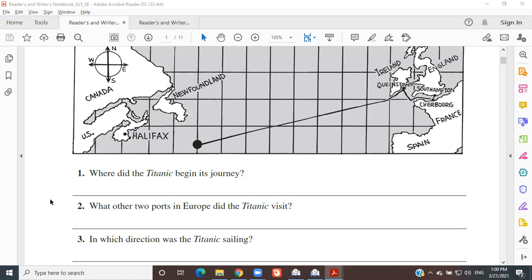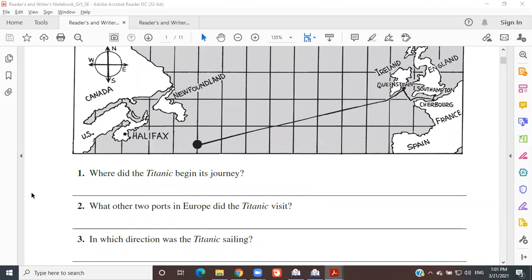Are you sure? In which direction was it sailing?